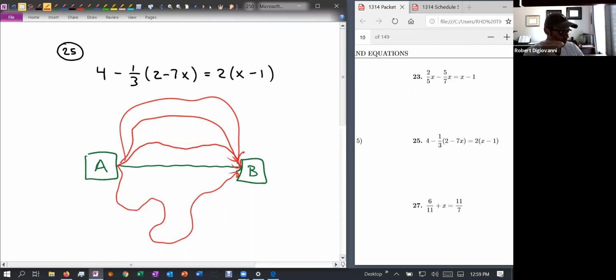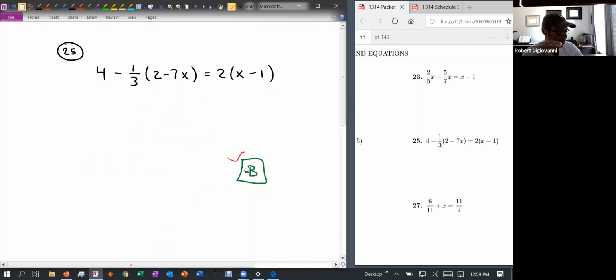So this first step right here, when I'm asking you, what would you do first? I'm asking because that's going to determine which road we go down. And as long as it's allowed mathematically, it could be a road that leads us to the answer. So I'm curious to see what someone wants to do here, and I'll tell you whether or not that's a road that leads to the answer or not.